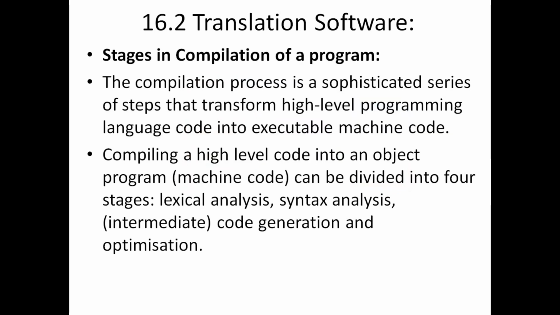On the other hand, the stages in compilation of a program are as follows. Compiling a high level code into machine code can take many stages that involve lexical analysis, syntax analysis, intermediate code generation, and finally code optimization, or simply optimization.